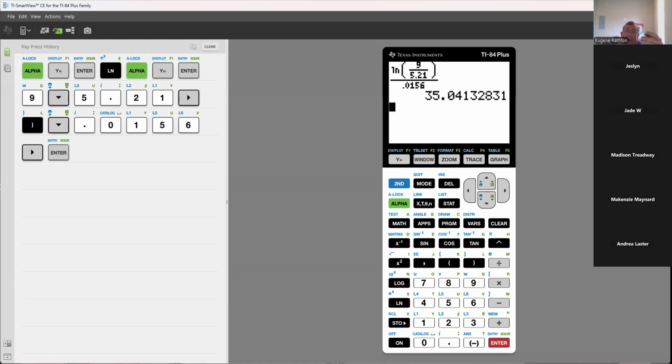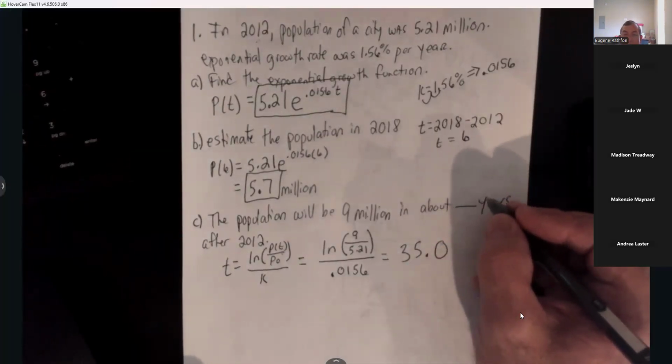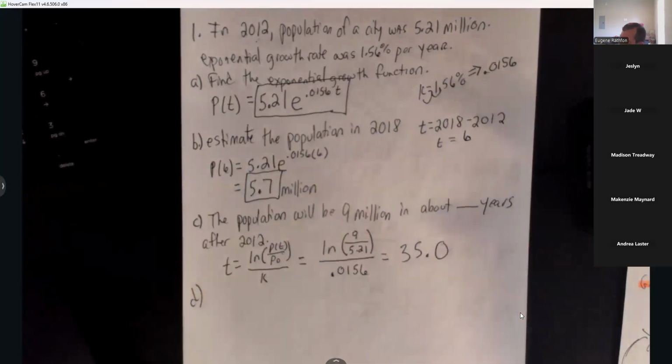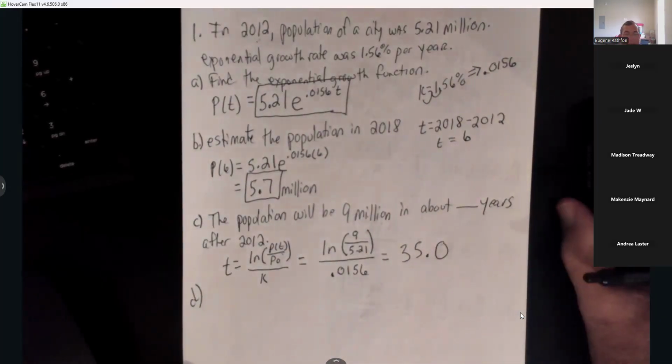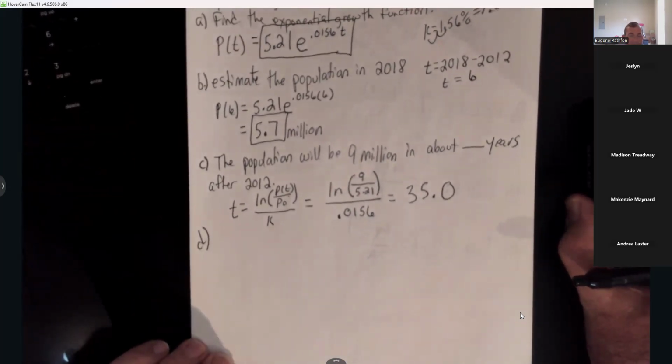If that had been a 5 or greater, then I'd have made that a 0.1, okay? Alrighty, y'all. So it's going to be about 35.0 years after 2012. All right, y'all. Then let me see what D wants. So after D, I'll let y'all write them formulas down, okay?